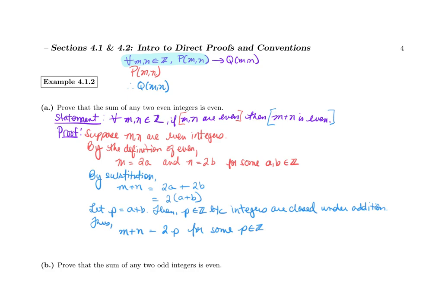Because this is the formal definition of even. So we would say, therefore, by the definition of even, we know then that m plus n is even. And it has been shown, so I write my QED, and again, you can put your either open or filled in box.